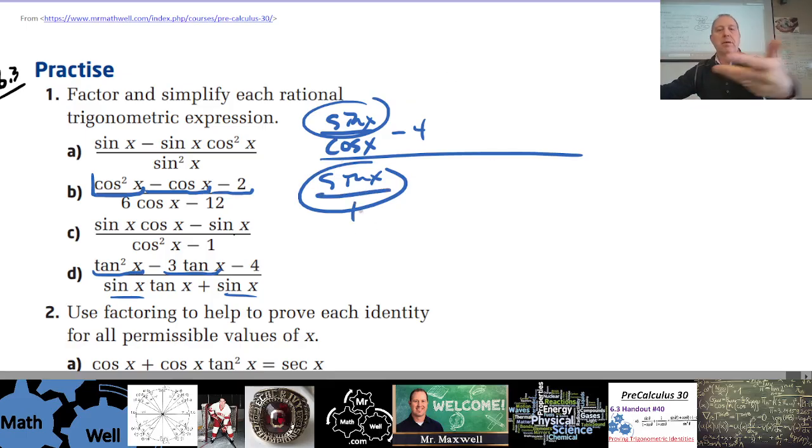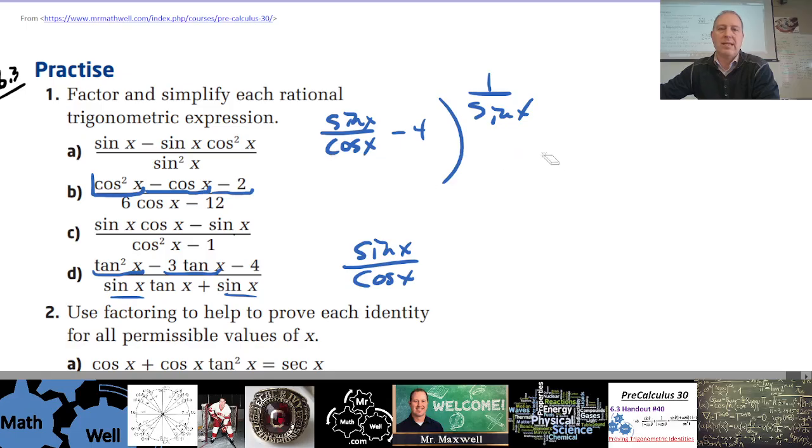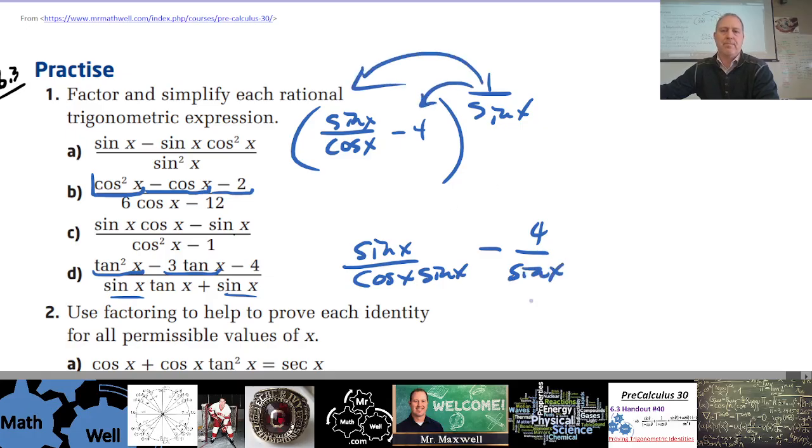Well, you could flip and multiply the bottom fraction, and then multiply by both. So what would that be? That would be sine x over cos x. If we flipped and multiplied, that's multiplying everything by 1 over sine. So then this would be sine x on the bottom there as well. This would be 4 over sine x when I multiply this in. Everyone see that?